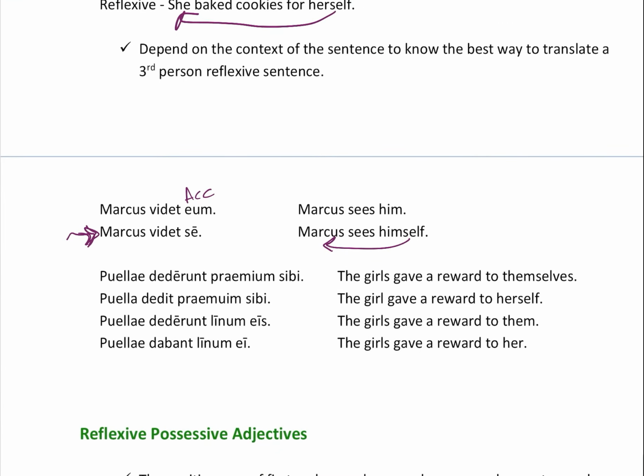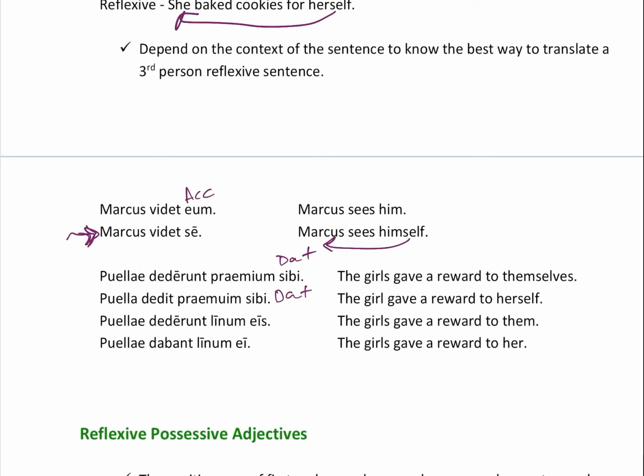Now, let's take a look at a couple of these. Puellae dederunt praemium sibi. The girls gave a reward to themselves. Puella dedit praemium sibi. The girl gave a reward to herself. So these are both in the dative, but one's singular, one's plural.